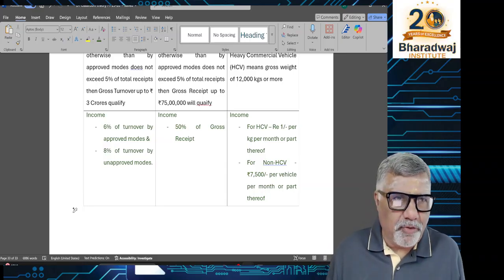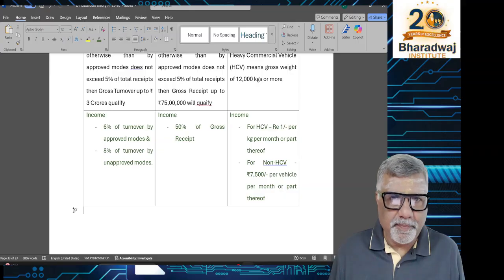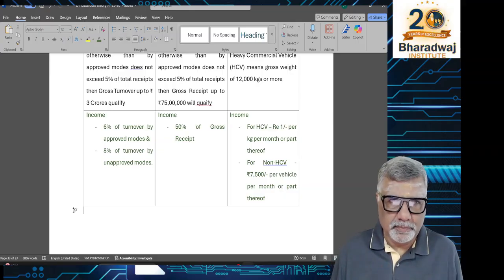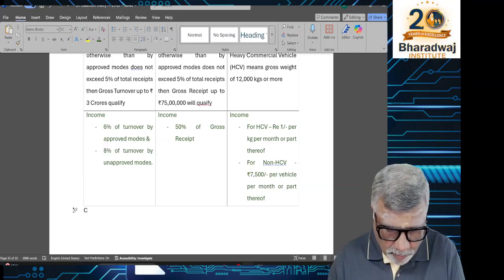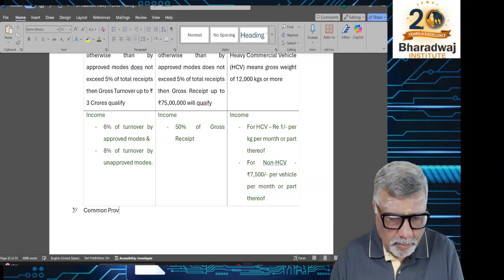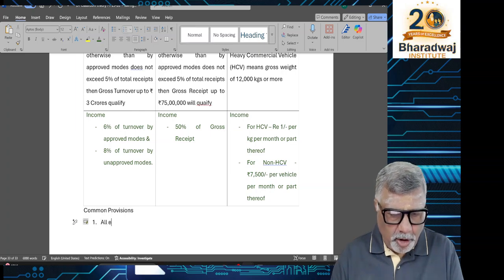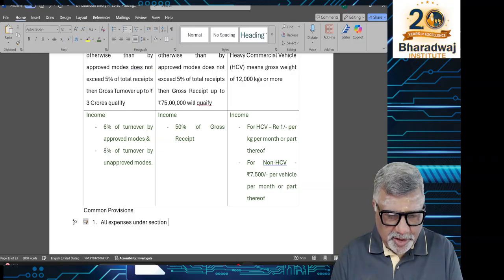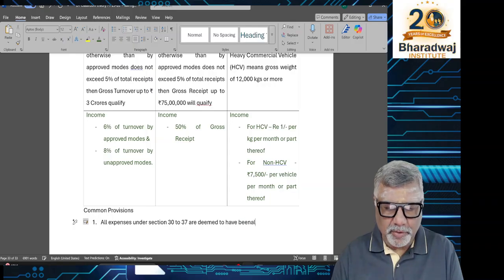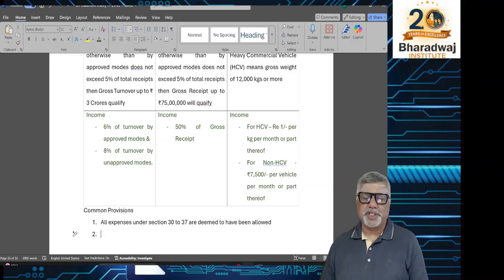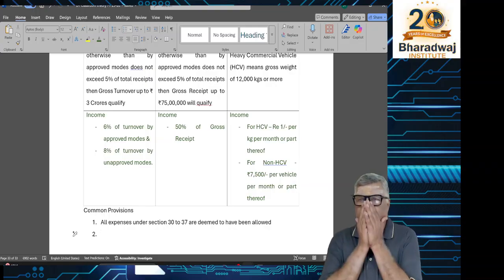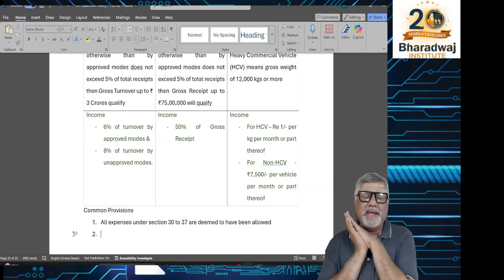Now under the table, some common points. All expenses under sections 30 to 37 are deemed to have been allowed.